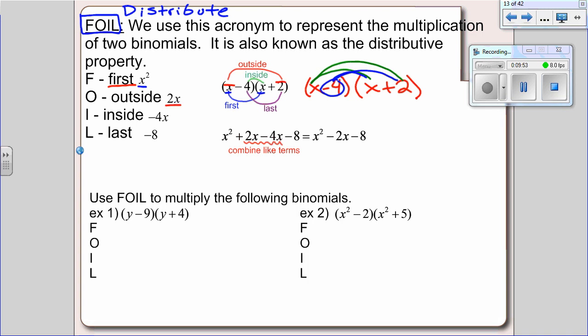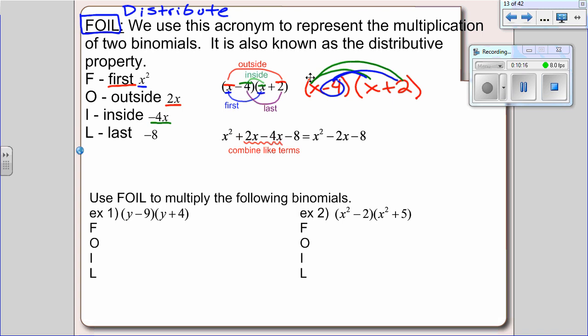The I stands for the inside terms. The inside terms are these ones in the green. Two middle terms, so it's negative 4 and x, we create negative 4x. And the L in FOIL stands for the last term in each binomial.